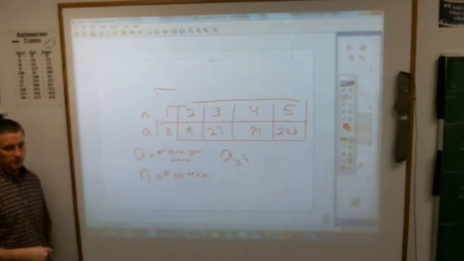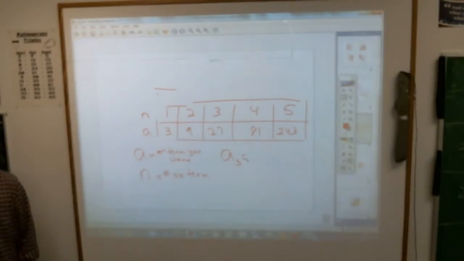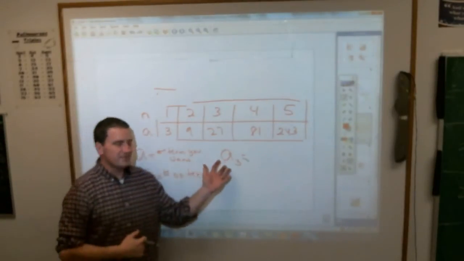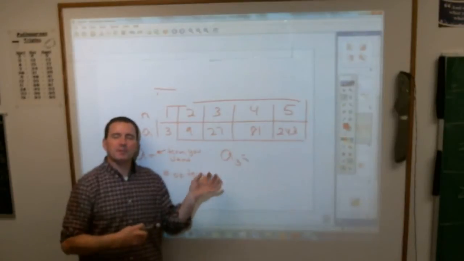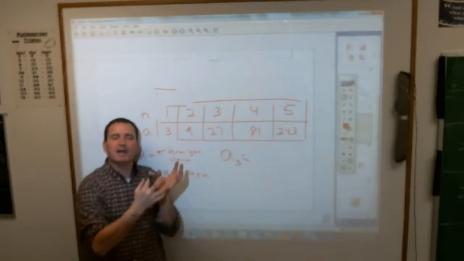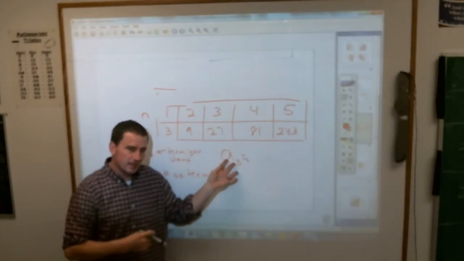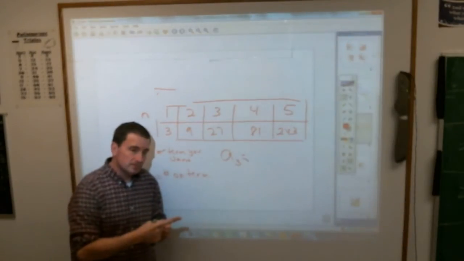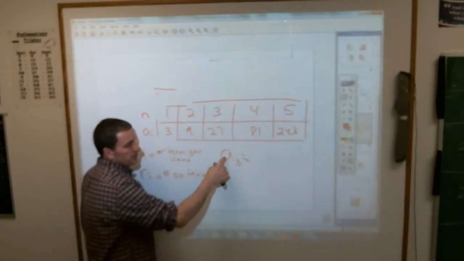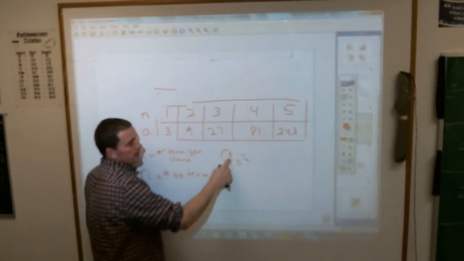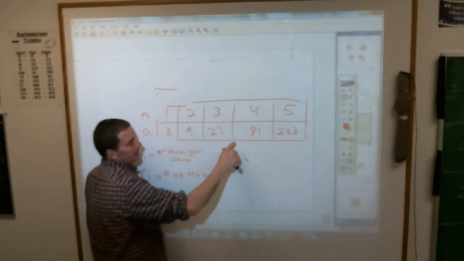This might be the first time we've used subscripts. Please understand, subscripts have nothing to do with multiplying by 3 or using the 3 in any mathematical way. Anytime you use a subscript with math, it is just a label, okay? I am just looking for the third term of A.